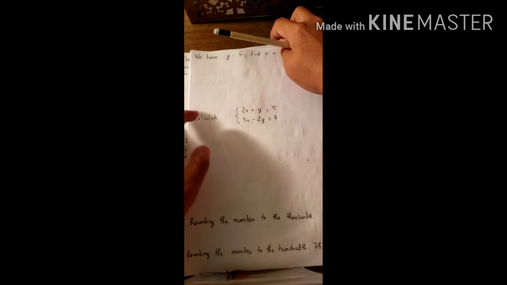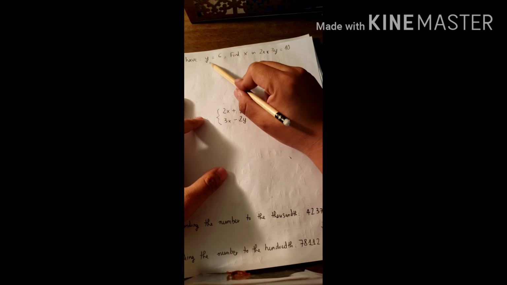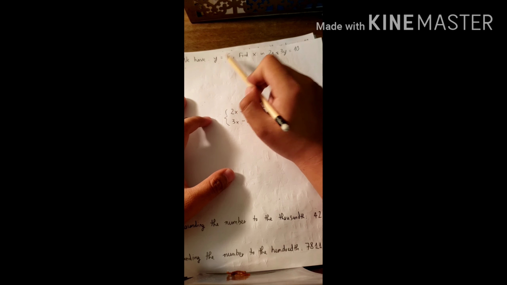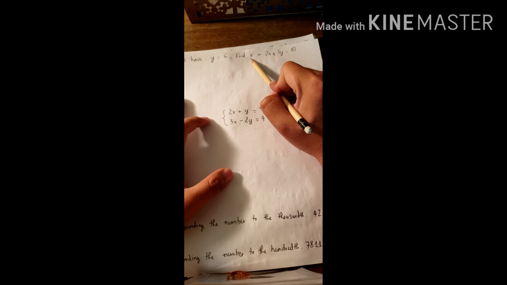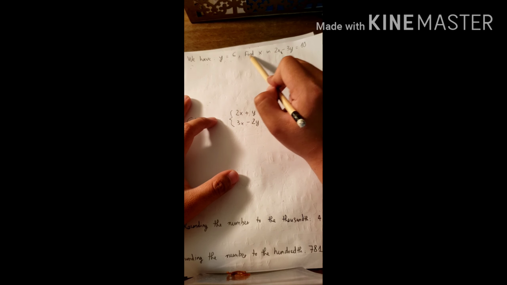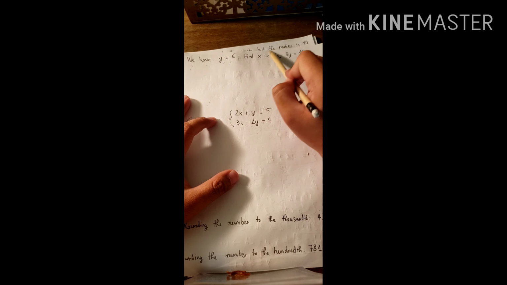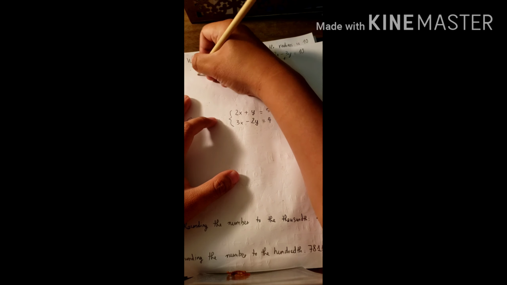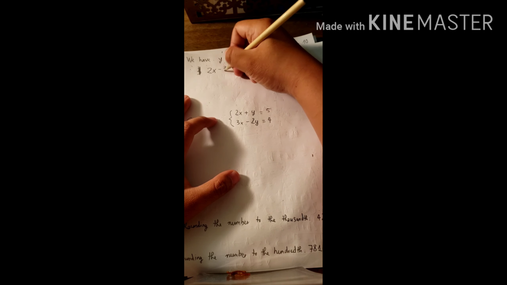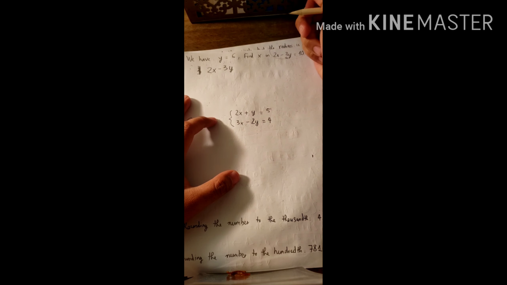The next one, they will have this question on the test. They will provide one number and ask to find the s. For example, we have y equals 6, find s in this equation. So we have 2s minus 3 multiplied by y equal 10.